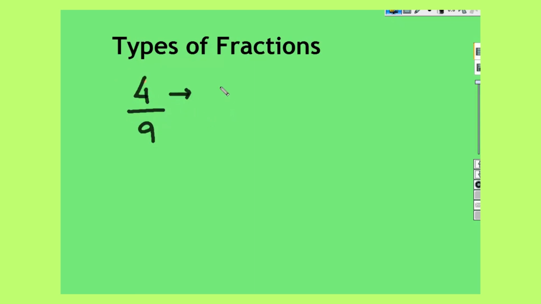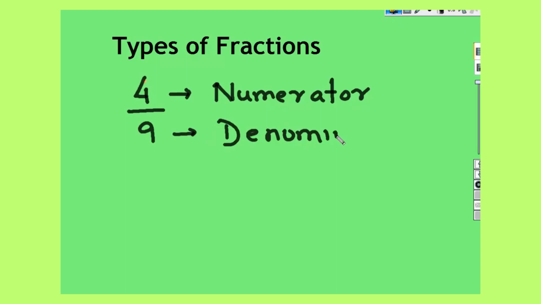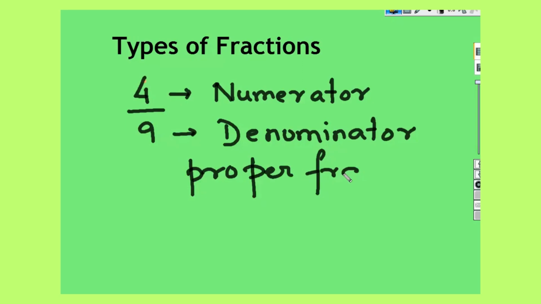Now over here, this is called the numerator. Let me write it down. And this is called the denominator. Now, if the numerator is less than the denominator, that means, we all know 4 is less than 9, this kind of fraction is called a proper fraction.